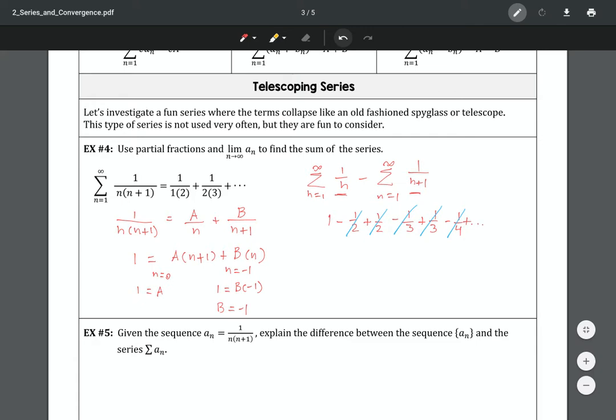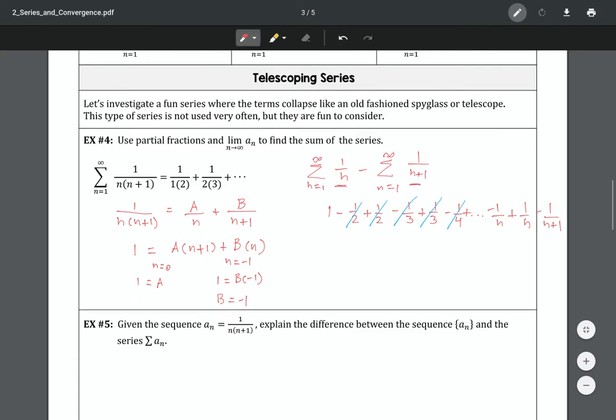Plus dot, dot, dot. Minus 1 over n, plus 1 over n minus 1 minus 1 over n plus 1. So 1 over n plus 1 would be basically the last term on there.